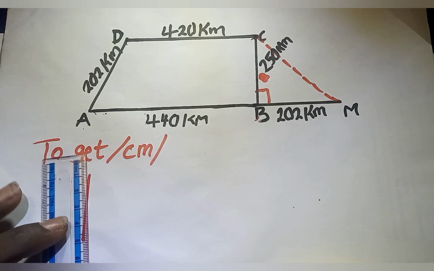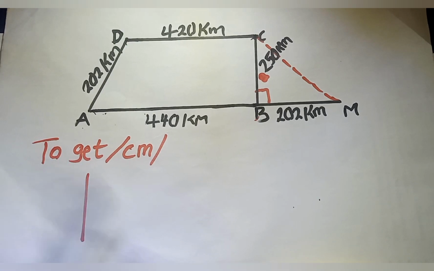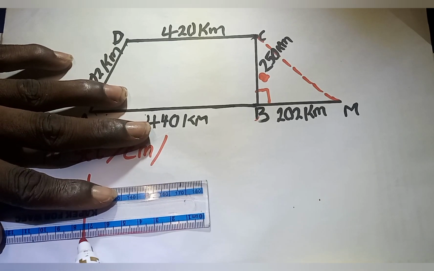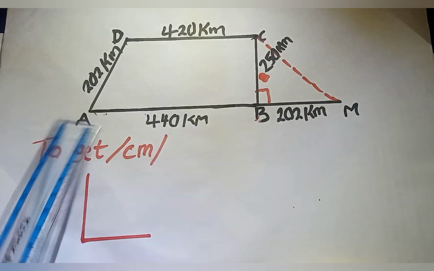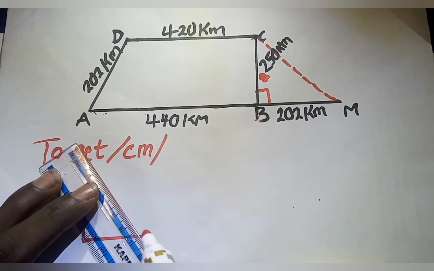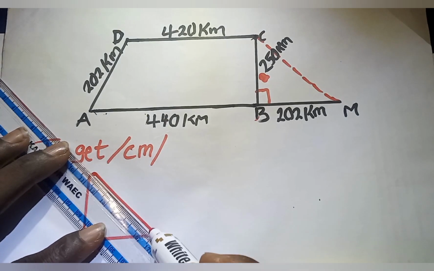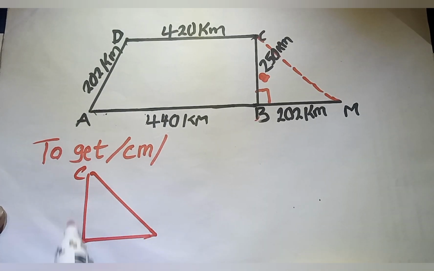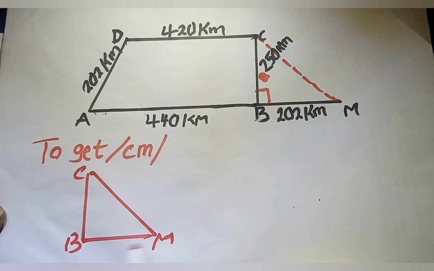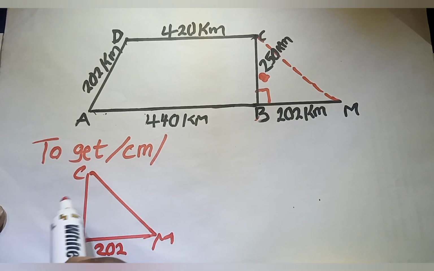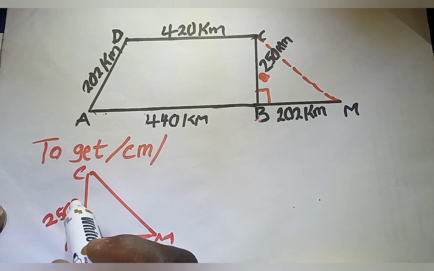Let me bring out this diagram. This, then this, then the longest side. So I have C, B, M. This one is 202. This one is 250 kilometers.